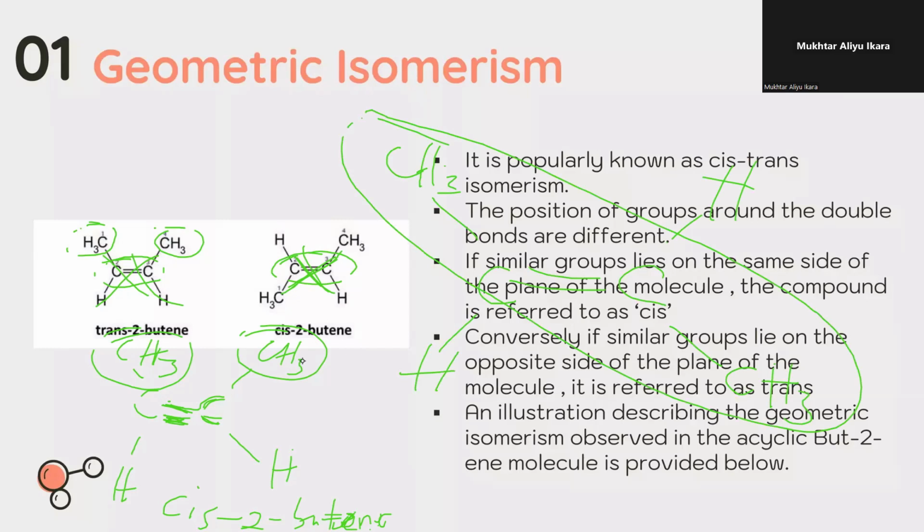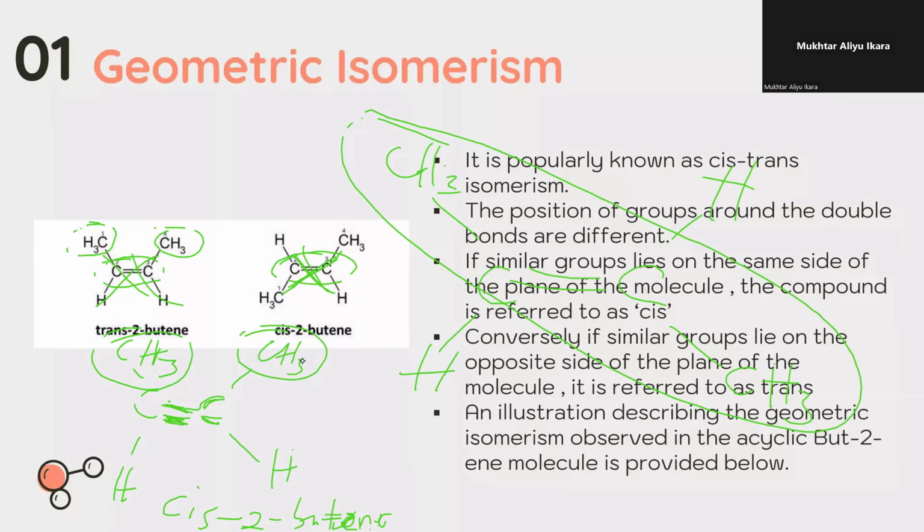So there is a restricted bond, which is a double bond, and there are groups attached to it. If the groups are on the same side of the plane, they are called cis isomerism. And if they lie on the opposite side of the plane, they are called trans isomerism, from the word transverse.